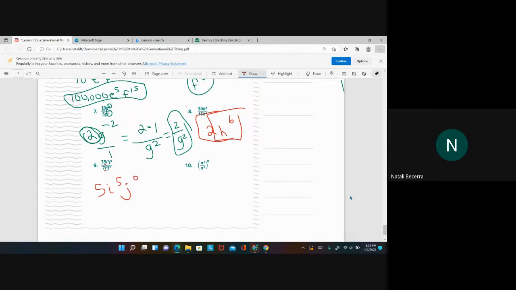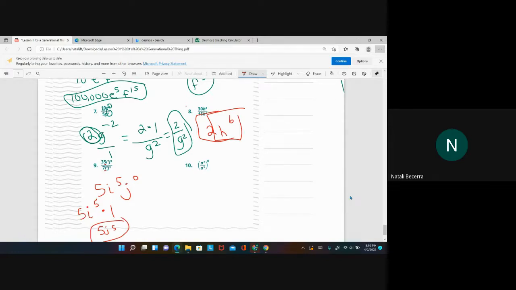And then remember, anything to the power of 0 is 1. So really, this is 5i to the power of 5 times 1. Anything times 1 is just whatever that thing was. So this is really just 5i. Wait, I wrote my i wrong. Whoops. 5i to the power of 5.